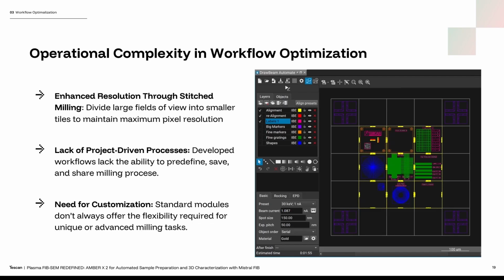And third, how do we enable flexibility? Standard modules often limit customization of workflows, making advanced or unique tasks harder to accomplish. These are the challenges we've tackled, and on the next slide, I'll introduce some of the possibilities regarding automation.